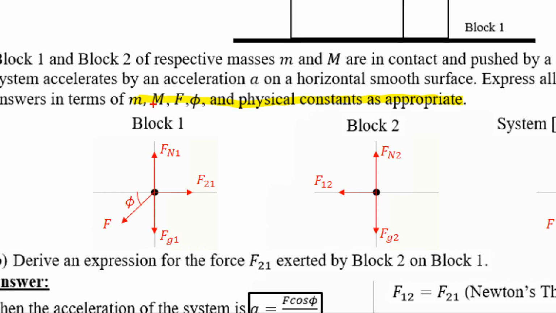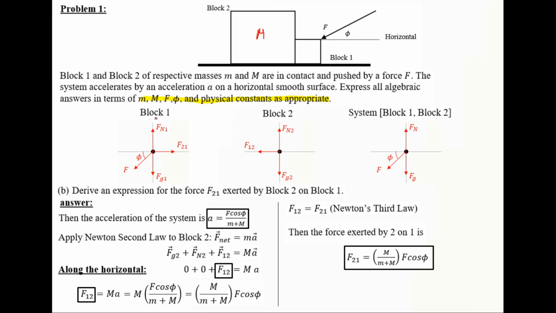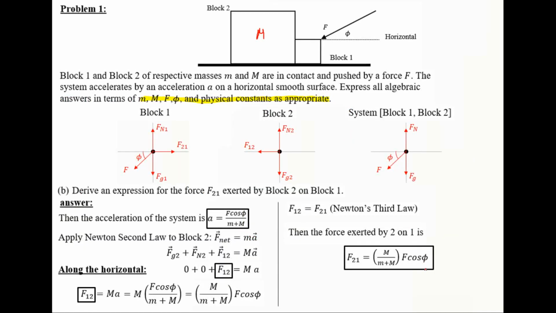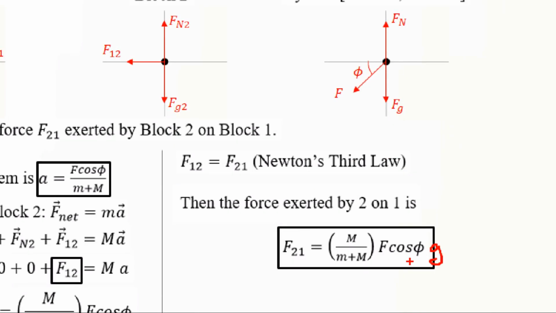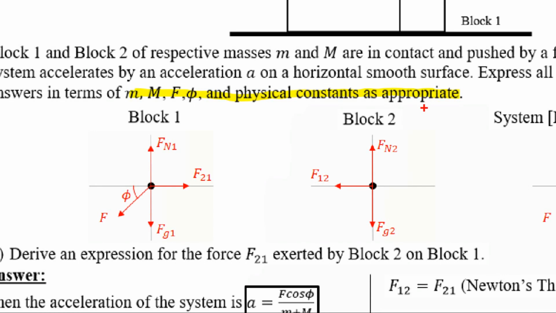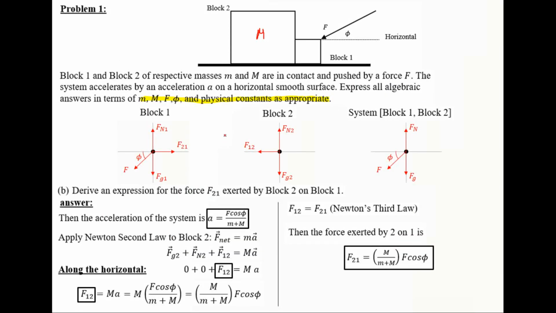Another important thing to mention is that it is not necessary that our final answer be expressed totally in terms of these. For example, they told us here 'and physical constants as appropriate'. One choice would be g, but we can notice that our expression is free of g. Okay, this is pretty fine. It is not necessary that our final answer include all of these, so it might include all of them or only part.